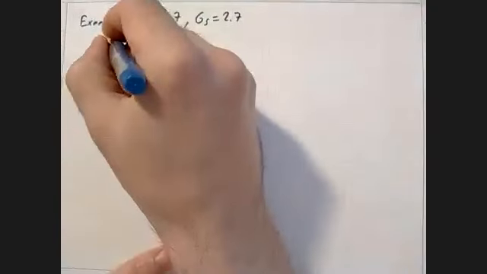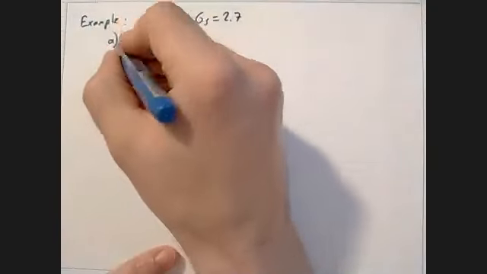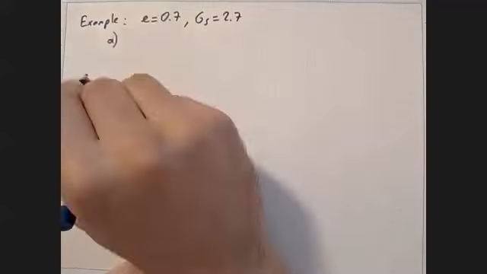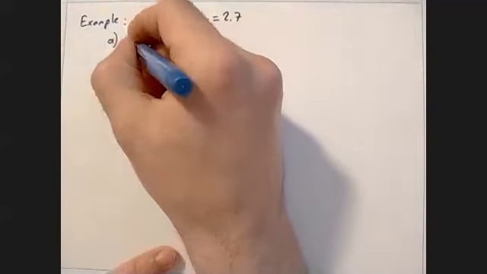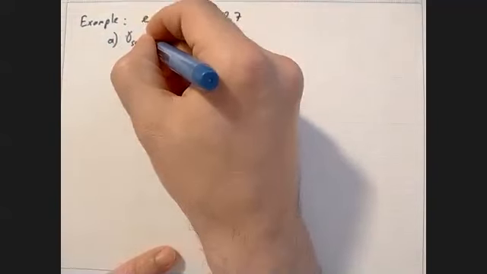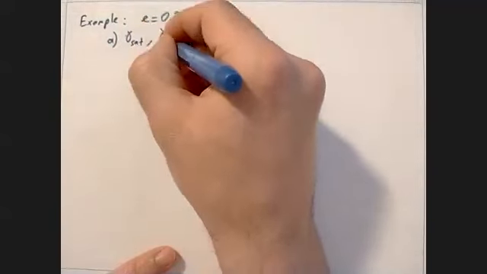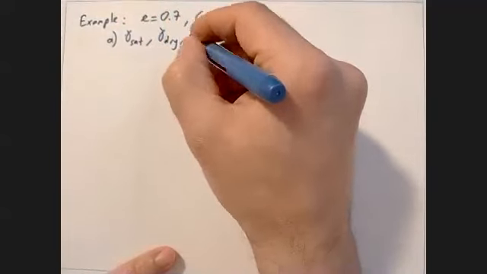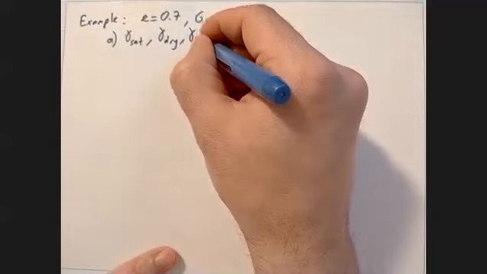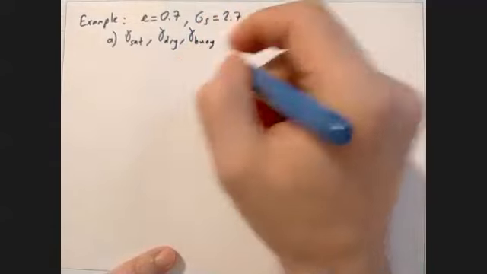So the question has a few parts. The first part is calculate gamma saturated, gamma dry, gamma submerged, gamma buoyant.